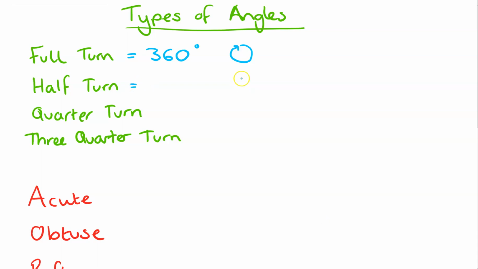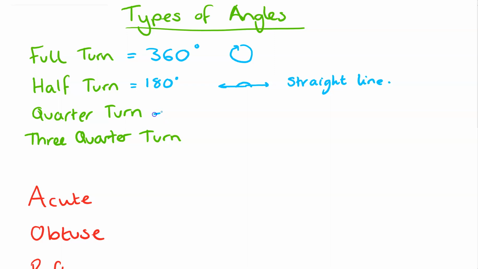That would be something like facing that way and then turning round to face that way. How much would that be? That would be a 180 turn, also known as a straight line. So anytime you see anything referencing a straight line, it's going to be 180 degrees.